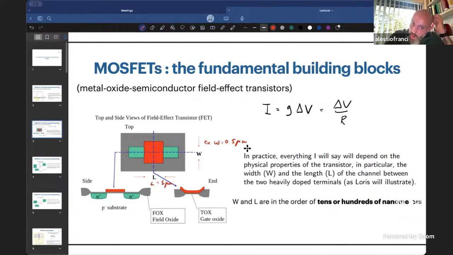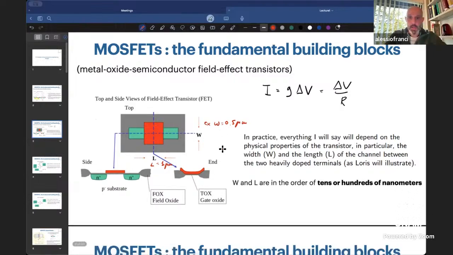So you're asking the foundry to be very precise about the size of the area where they put these semiconductor pieces.